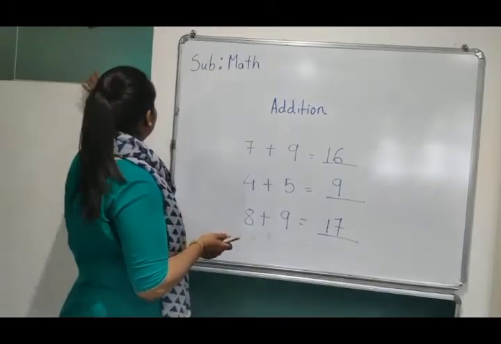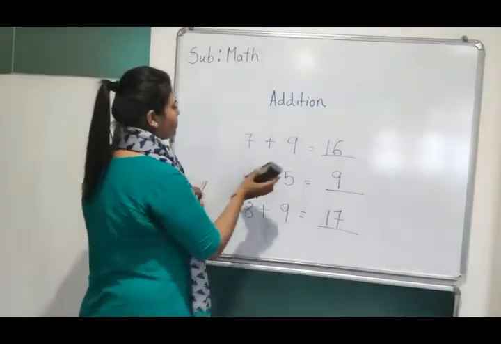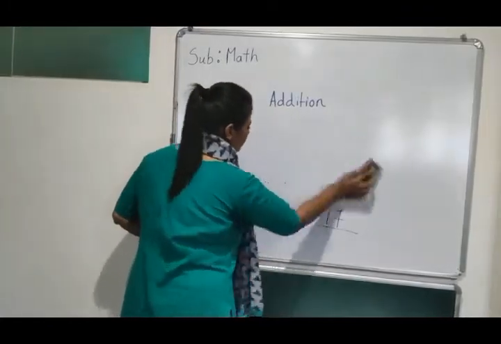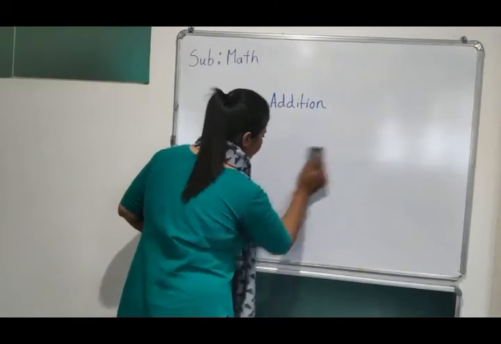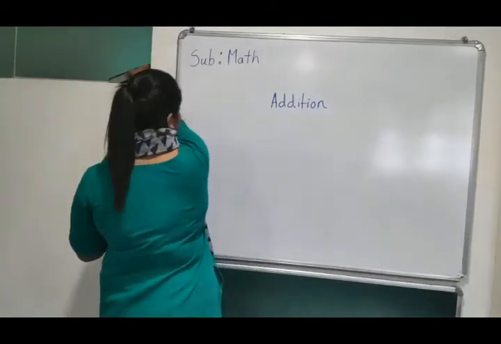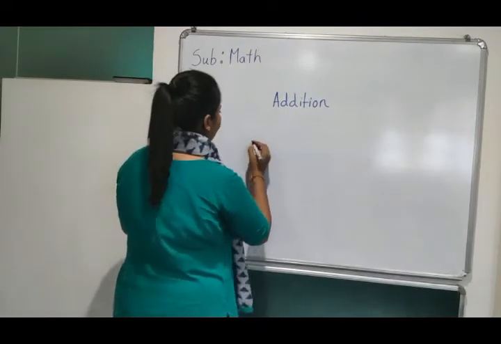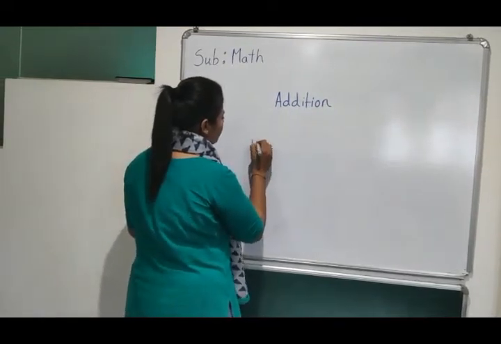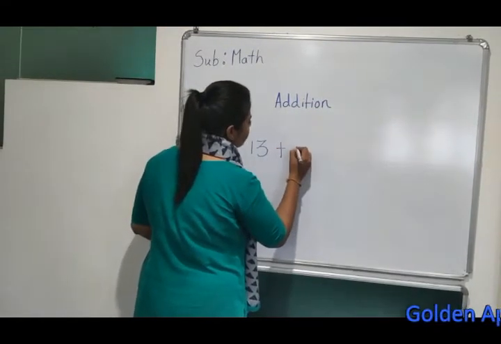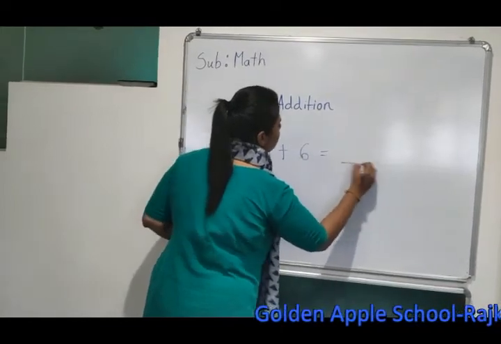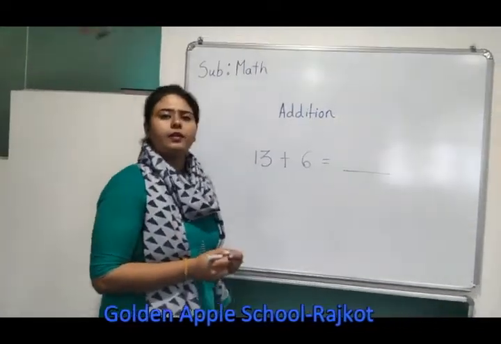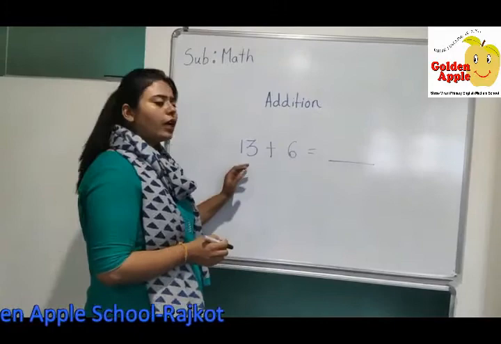Now we will see our last example. There is 13 plus 6. So 13 plus 6. I will not count 13.